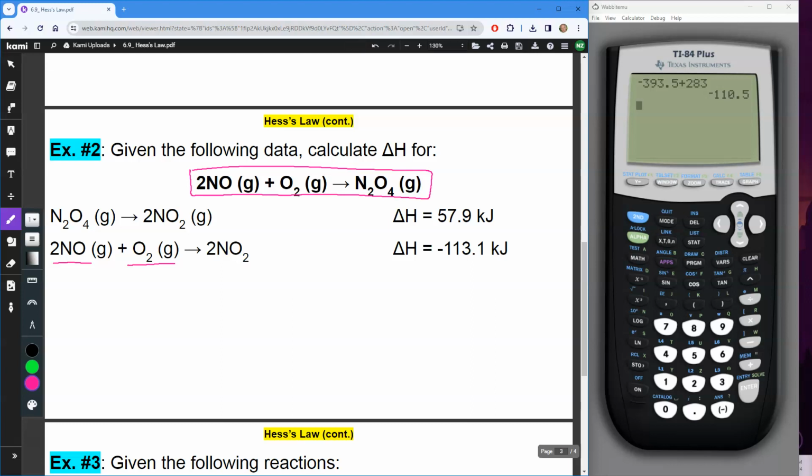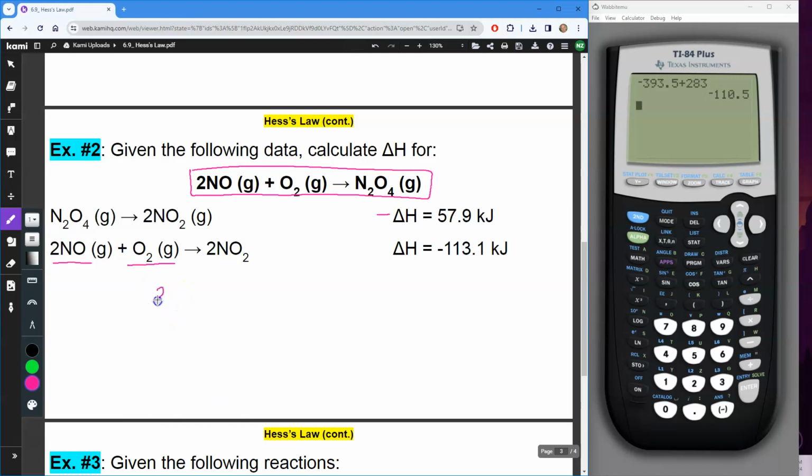Now, N2O4 is on the reactant side in reaction number 1, and we want it in the product side in our target reaction. So we're going to need to flip our first reaction. So this will now be negative when we do our calculations. So let's go ahead and rewrite that.